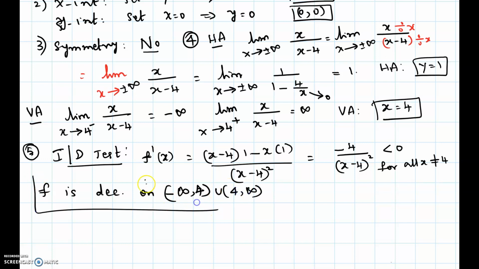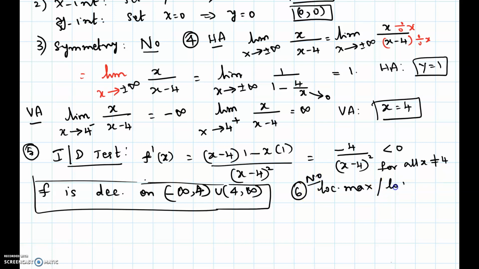So throughout the domain the graph is decreasing. Because it's only decreasing throughout the domain, it never increases, so there is no extreme value. No local max or local min.